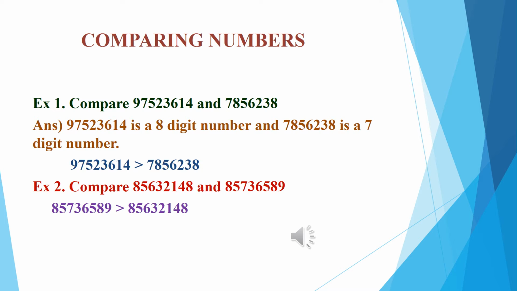The third digit in the first number is 6 and the third digit in the second number is 7. Since 7 is greater than 6, we can say that 857365889 is greater than 856324148. Hope it's all clear to you all.